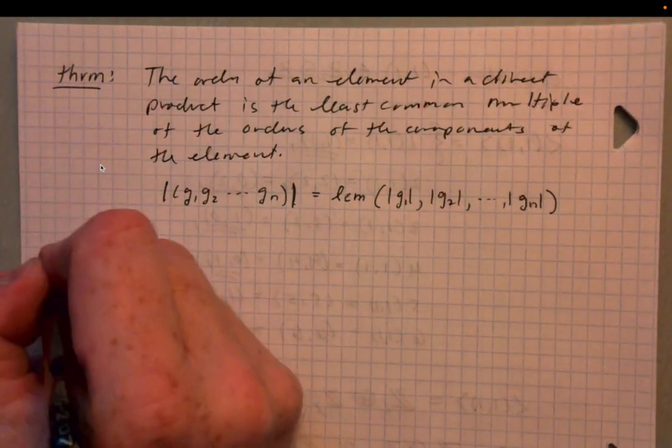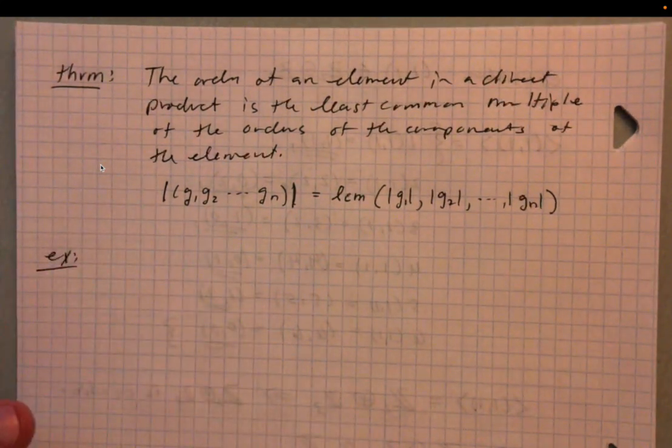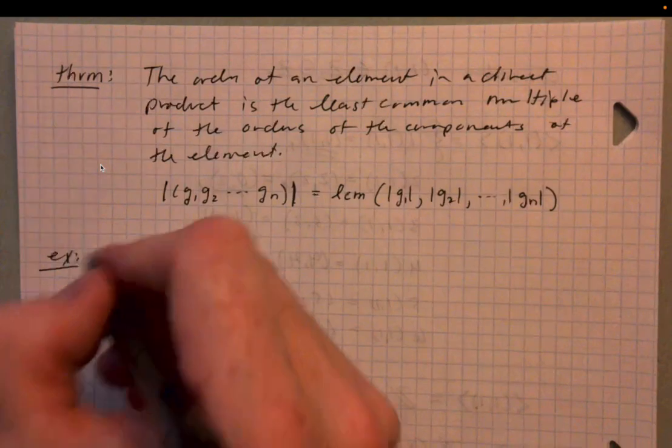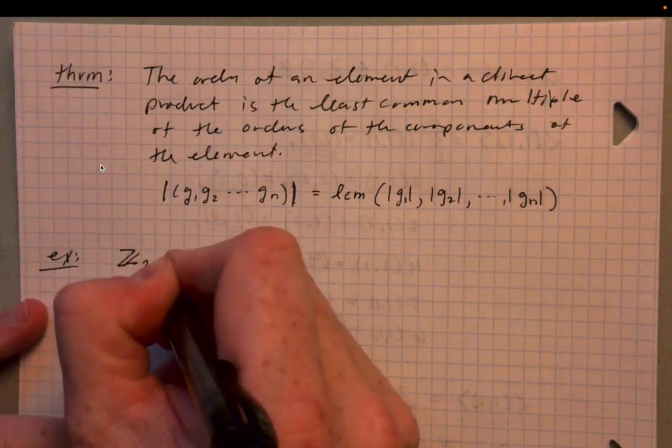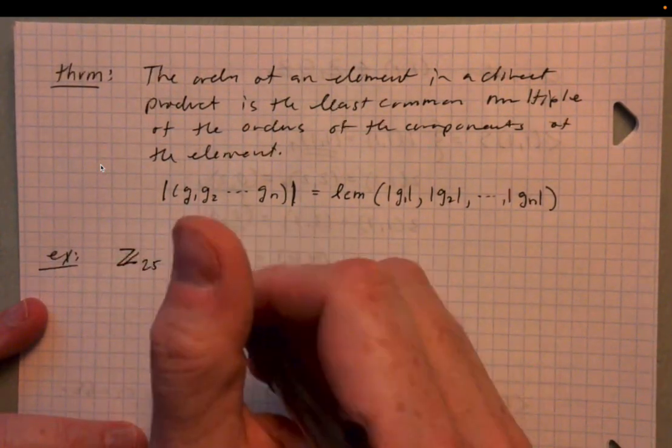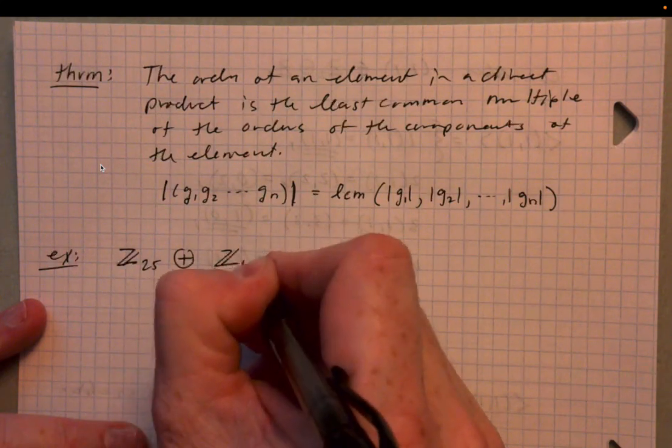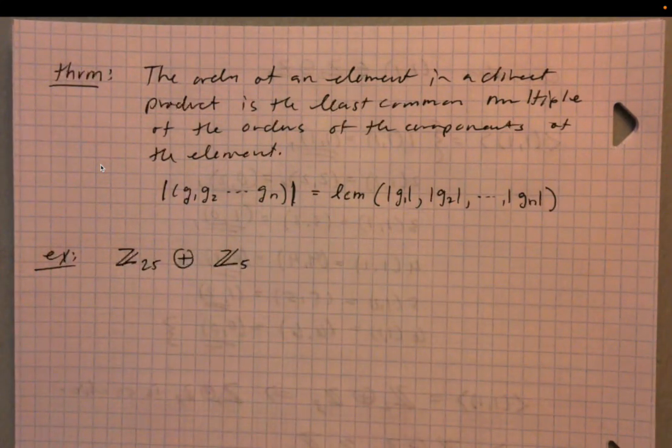So let's see an example. Let's say we've got the external direct product Z25 times Z5.